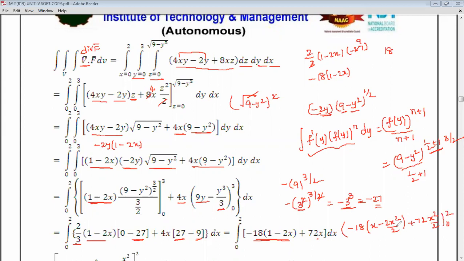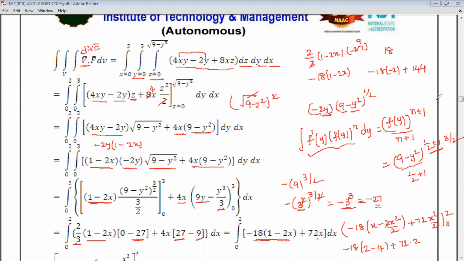So here, if you substitute the limits, minus 18 into x is nothing but 2, and x square is 2 square, which is 4, plus 72 into 2 square by 2, 4 by 2, which is nothing but 2. Okay, so simply what we got is minus 18 into minus 2 plus 72 into 2, that is 144.